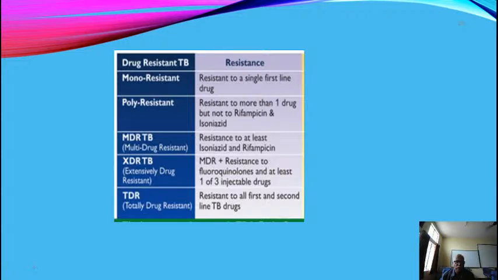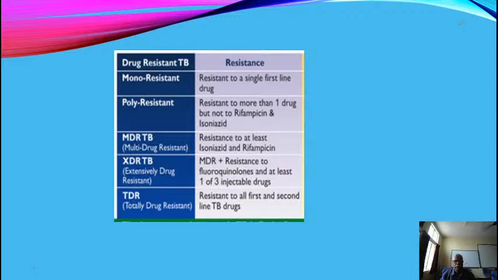Usually when we say resistance, we mean resistance to rifampicin and INH. These are the 2 important drugs. Other drugs nobody tests; they are considered just accompanying drugs. But the most important are isoniazid and rifampicin.